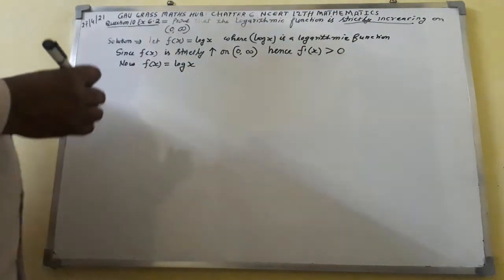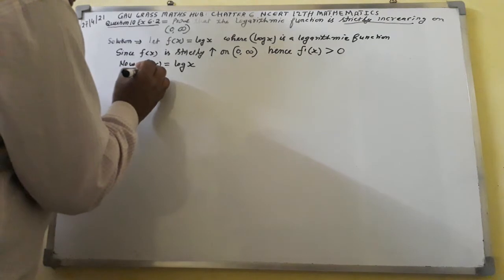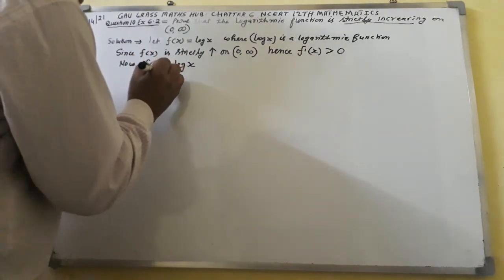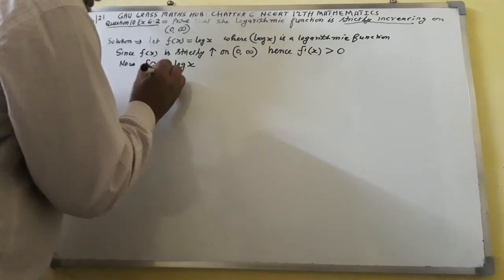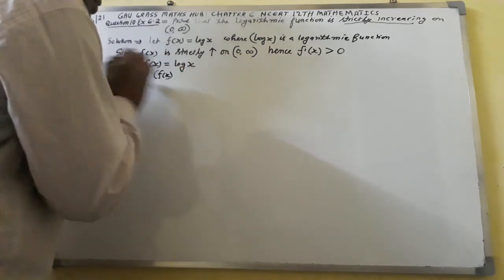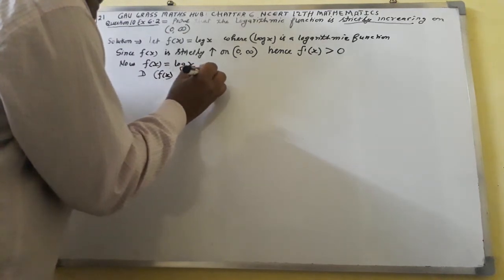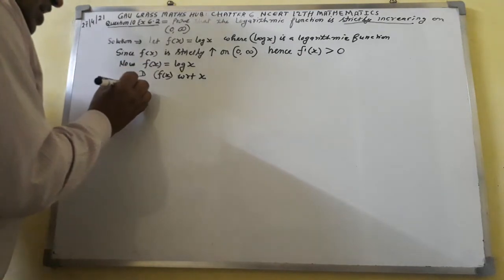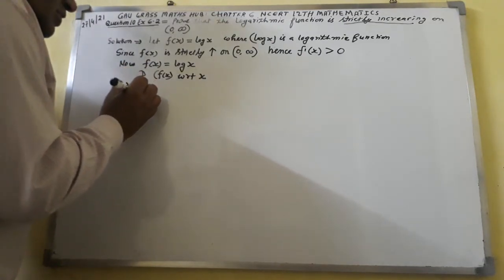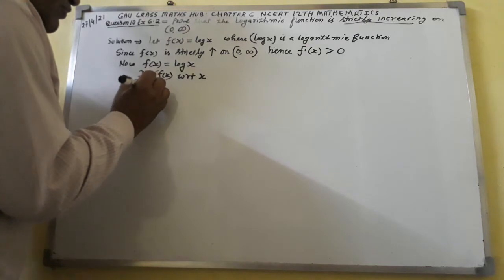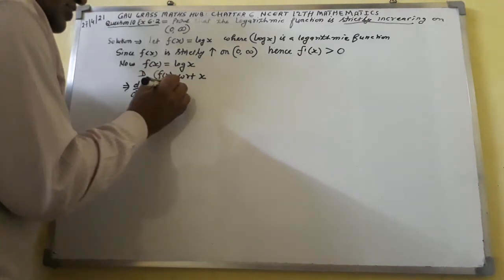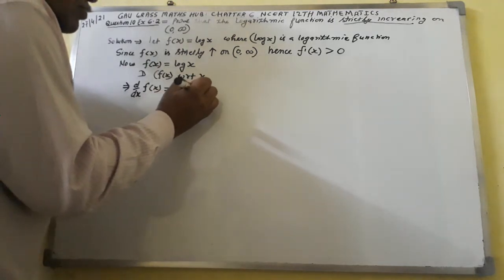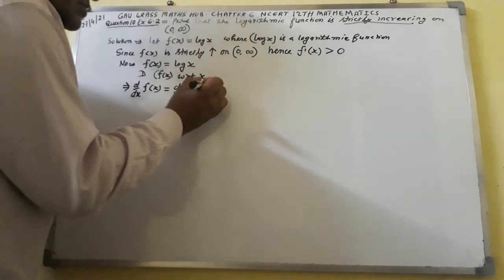So here I shall write, differentiating f of x wrt x, implied that d over dx of f of x equal to d over dx of log x.